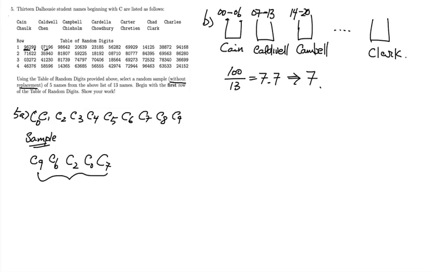For Kane, we have 00 to 06, 07 to 13 for Caldwell, 14 to 20 for Campbell, 21 to 27 for Cardella, 28 to 34 for Carter, 35 to 41 for Chad, and for Charles it's 42 to 48, then 49 to 55, 56 to 62, 63 to 69, 70 to 76, 77 to 83, and 84 to 90 gives us Clark.